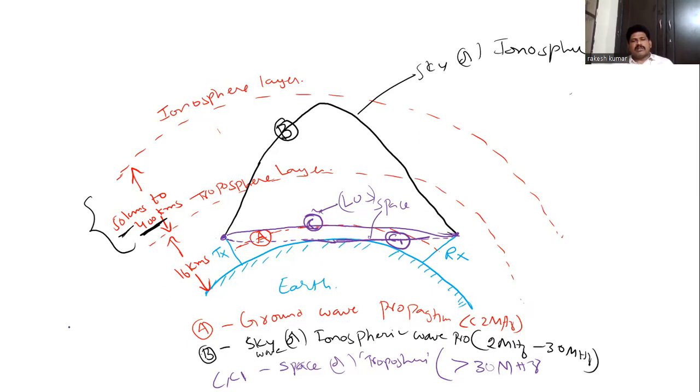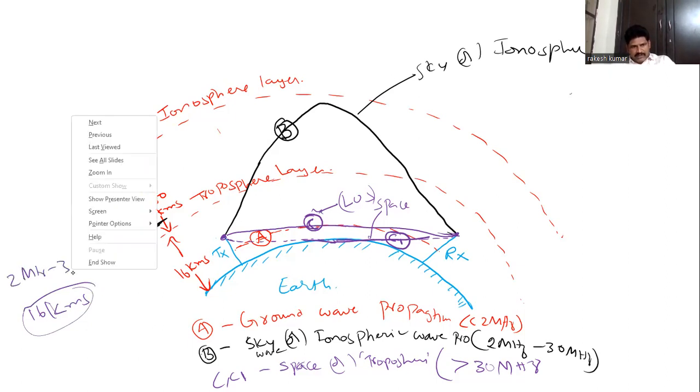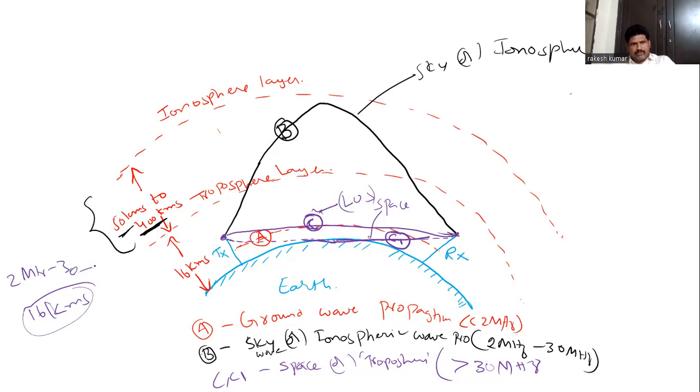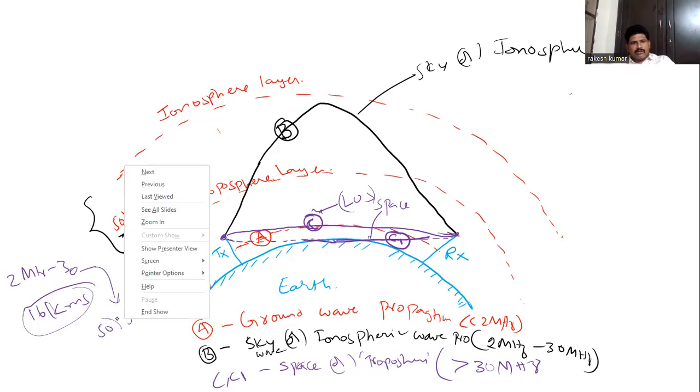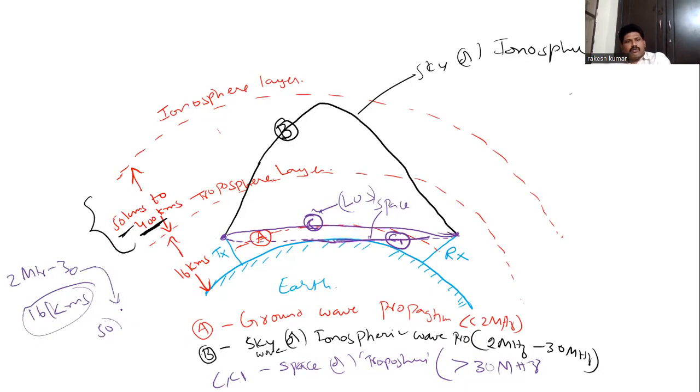Any frequency signal greater than 30 megahertz may go above the earth surface up to 16 kilometers. Any frequency signal between 2 megahertz to 30 megahertz, at what height will they move? They will move from 50 kilometers to 400 kilometers.